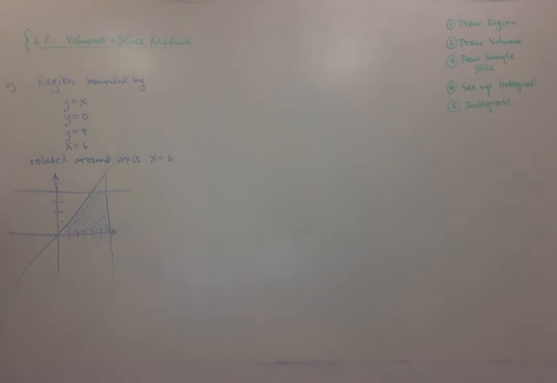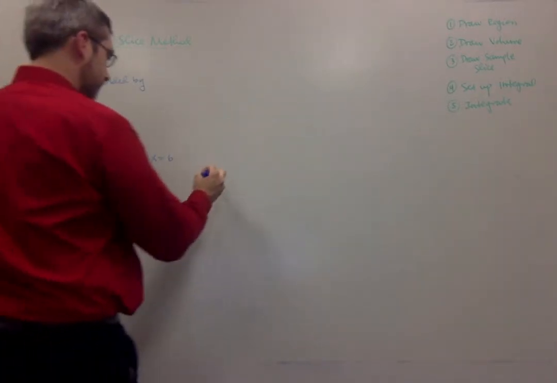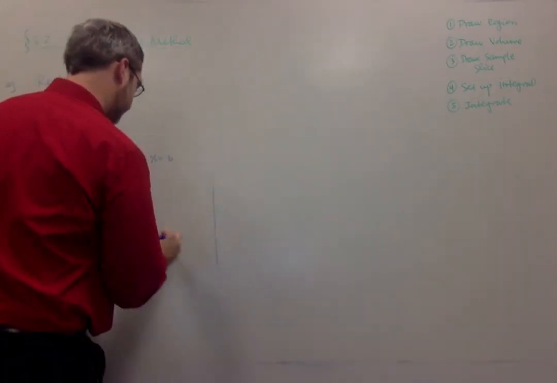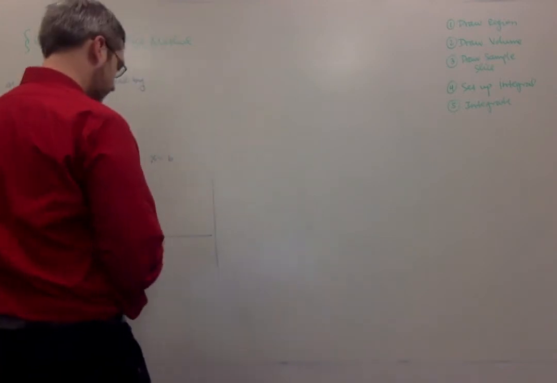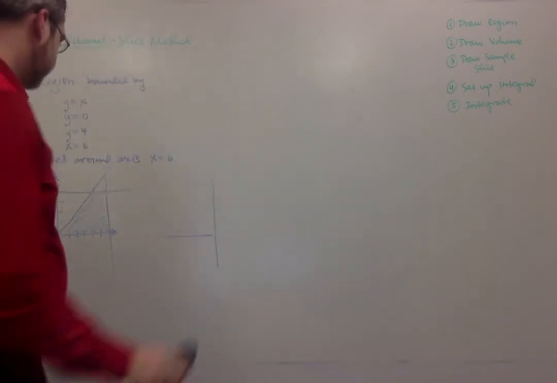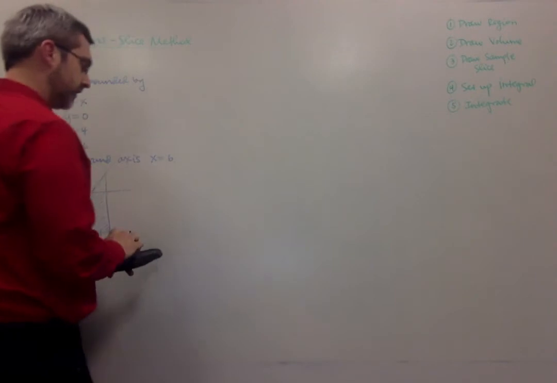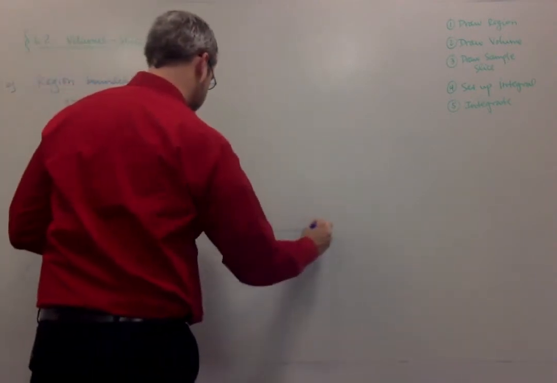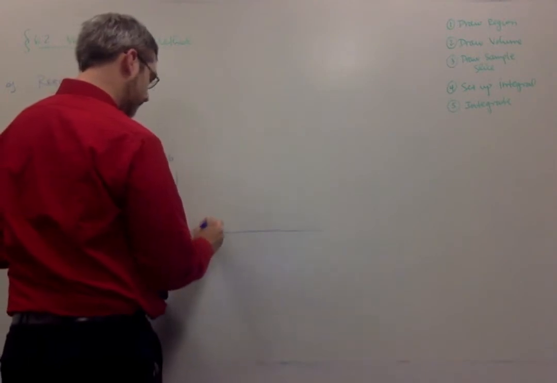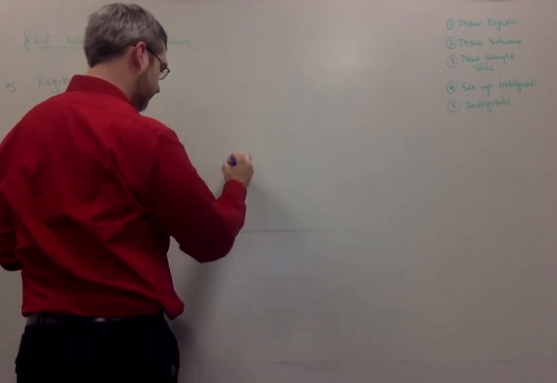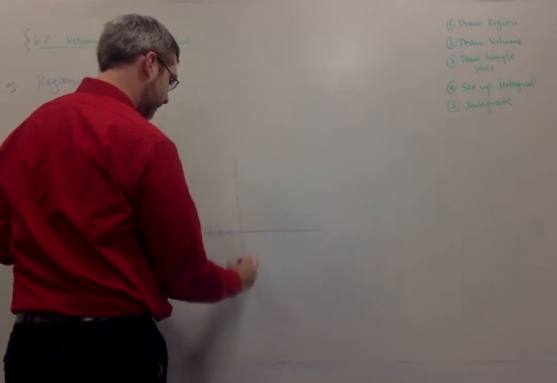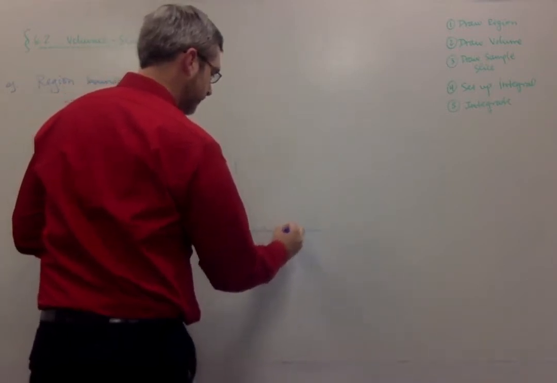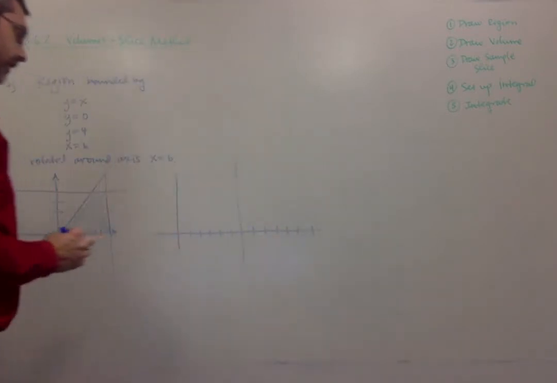x equals 6. Now, let's go ahead and do that here. Actually, I don't need that part left of the axis. Okay, so 1, 2, 3, 4, 5, 6. Here's our axis that we're rotating around. 1, 2, 3, 4, 5, 6. We should have some symmetry there.